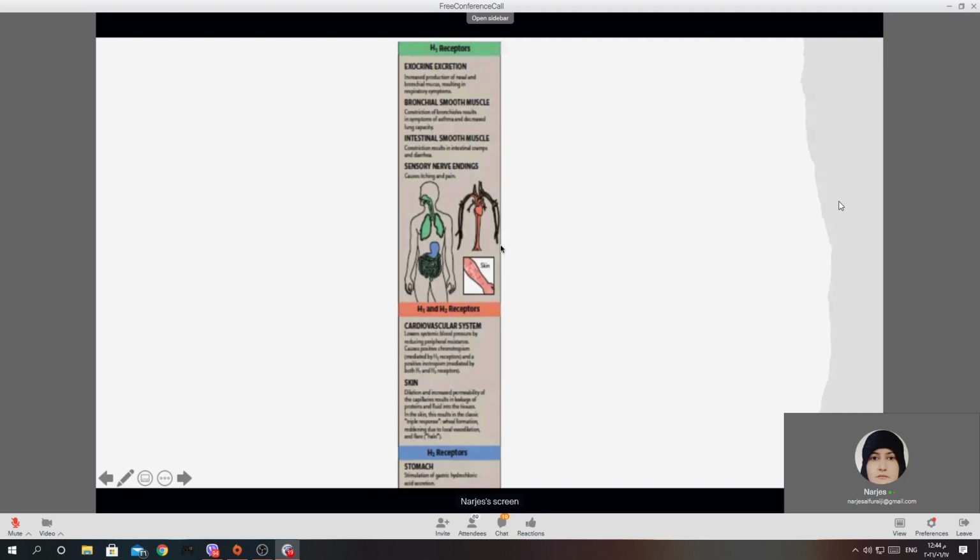But all the other effects which I mentioned here, just as repetition of the previous slides, are mediated through the H1 receptors.